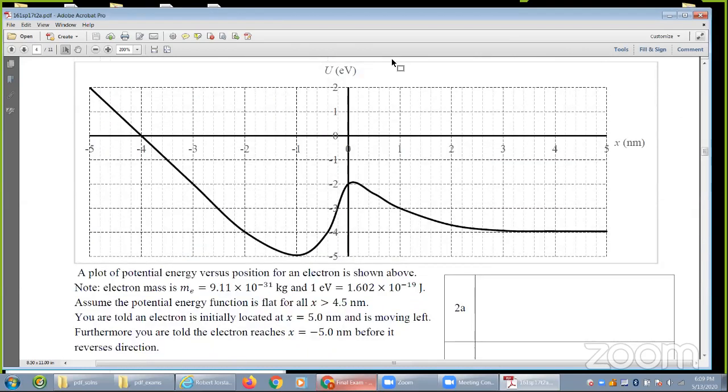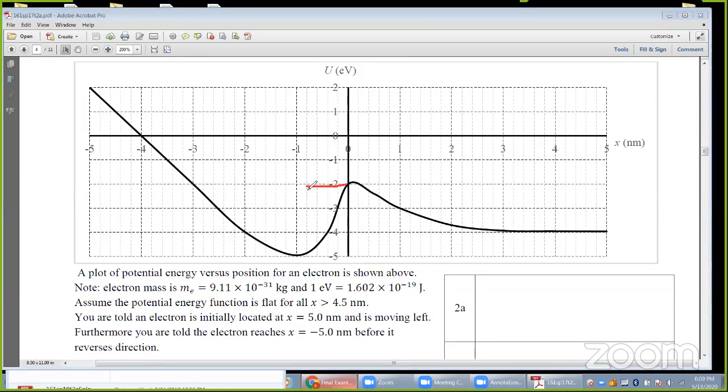And so it looks to me like the rise is 2 eV, and this is the run, which is 0.4. And I think somebody said nanometers, right? Nanometers.